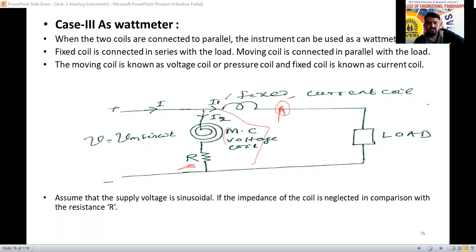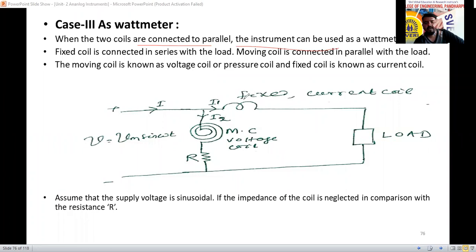So the fixed coil we consider as the current coil, and the moving coil we consider as the voltage coil. The voltage coil is connected in parallel with the load and the fixed coil is connected in series with the load. When the two coils are connected like this, the instrument can be used as a wattmeter.